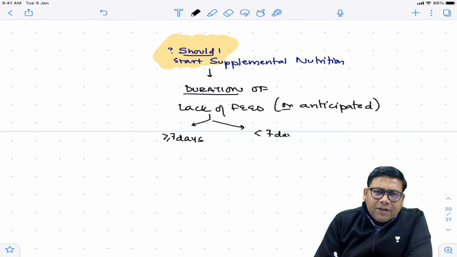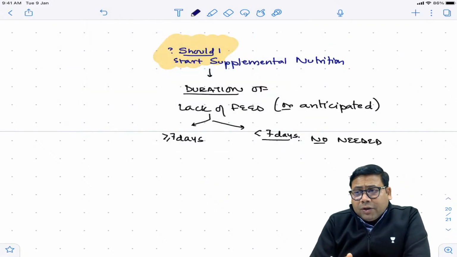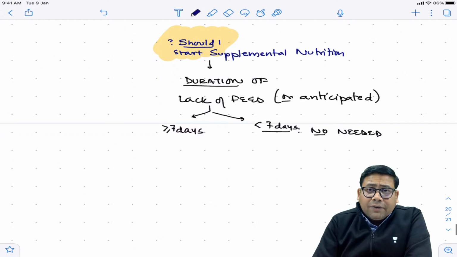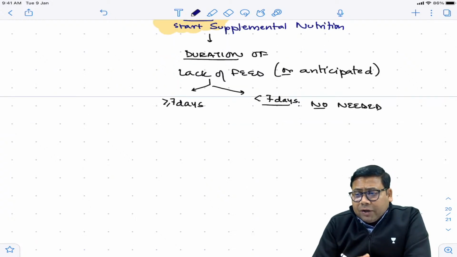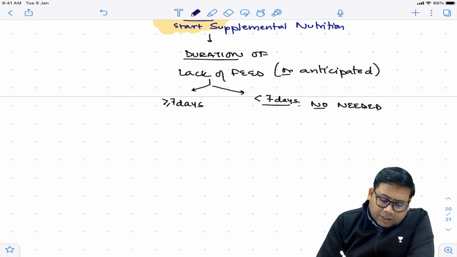If it is less than 7 days, you can easily manage with the fluids, so no need. But if the 7 days have passed, or it is the 7th day, or you are doing a surgery, a procedure where after 7 days also you don't anticipate the feed to be started, in that case it becomes very important. So if it is more than 7 days, yes, start enteral nutrition.